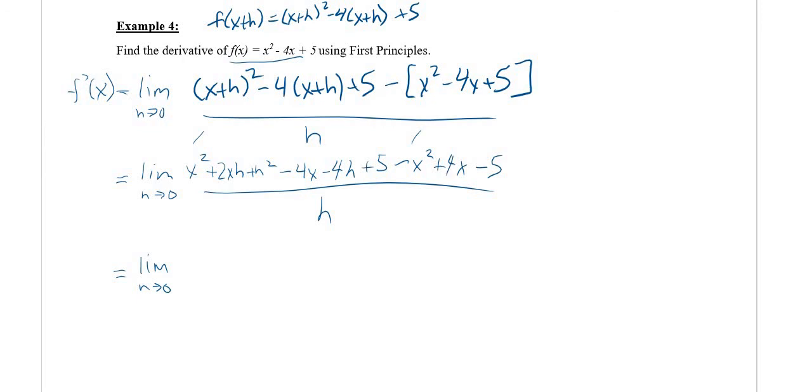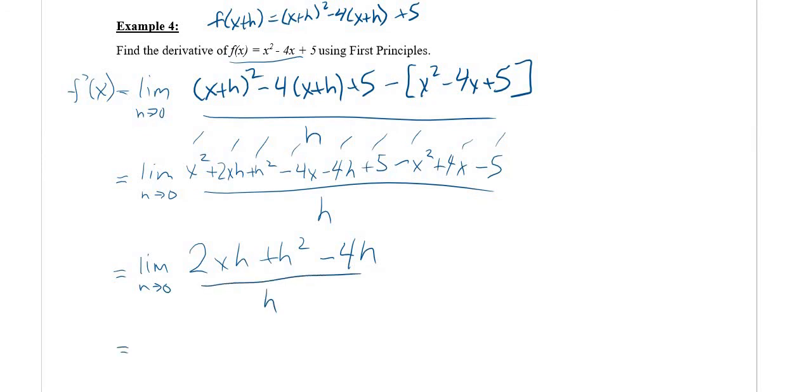We have just this one 2xh term. Let's see, h squareds, we just have the 1 h squared. The minus 4x plus 4x, those cancel. We have just the one minus 4h term. And then we have plus 5 minus 5, so those cancel. That's all over h.